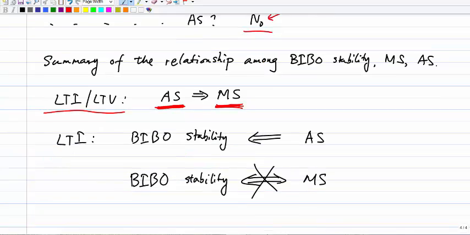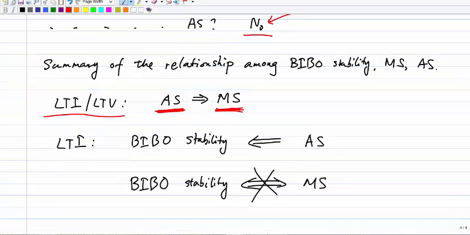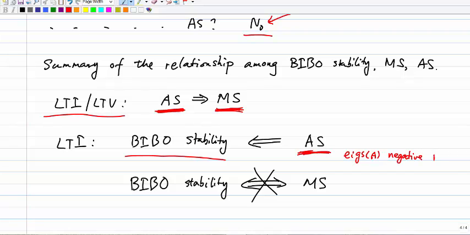And for the linear time invariant system, we also have some relationship, which is the asymptotic stability means the BIBO stability, okay, but not vice versa. The reason is that for asymptotic stability, the necessary and sufficient condition is that the eigenvalues of A have negative real parts. Okay, so for the BIBO stability, we know the necessary and sufficient condition is on C(sI minus A) inverse B plus D, right? That's my condition, right?